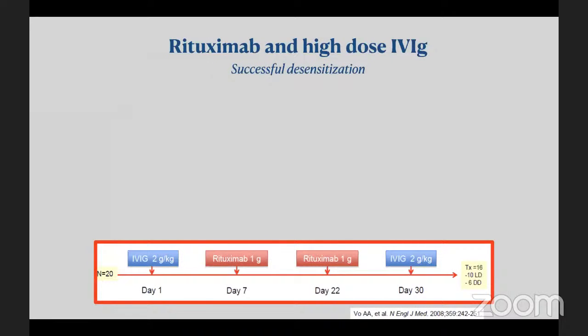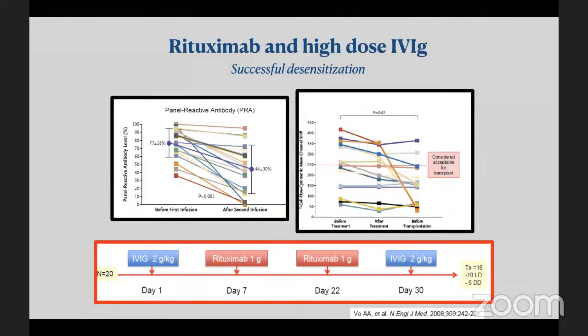It's almost a month-long protocol where 20 patients underwent this desensitization regimen, IVIG 2 gram per kg, day minus 30, and they received 2 doses of rituximab, 1 gram each, followed by 2 grams again. Out of the 20, 16 got transplanted, of which 10 were living donor transplants and 6 were deceased donor transplants.